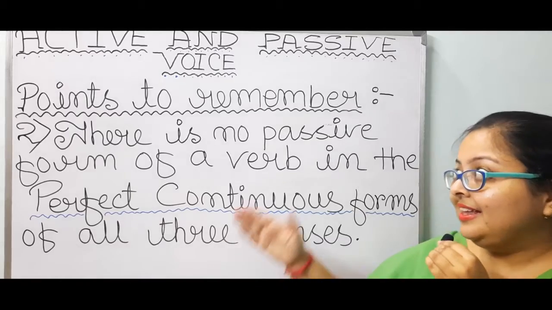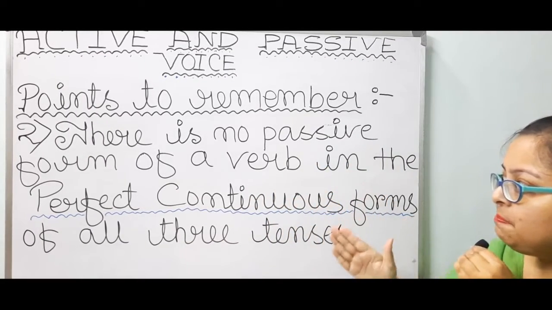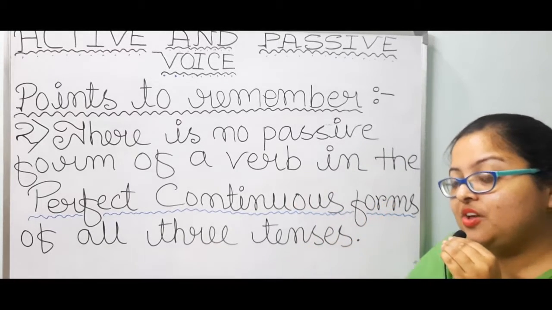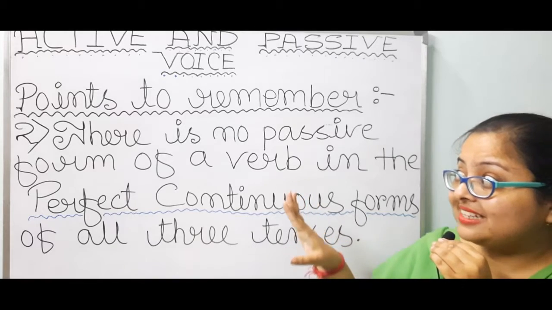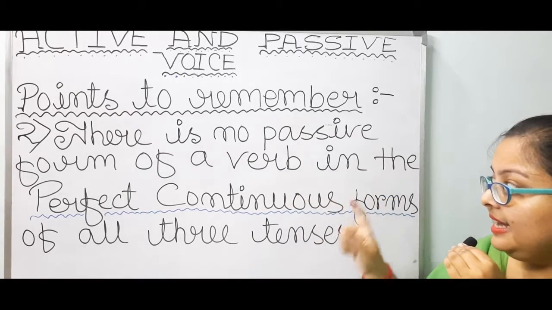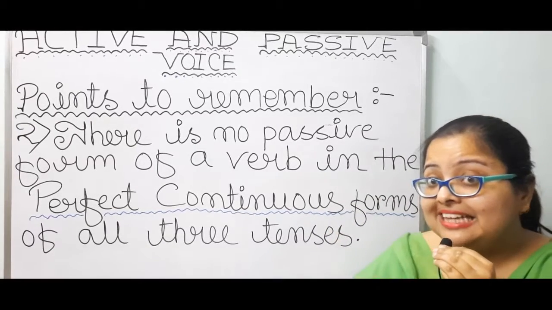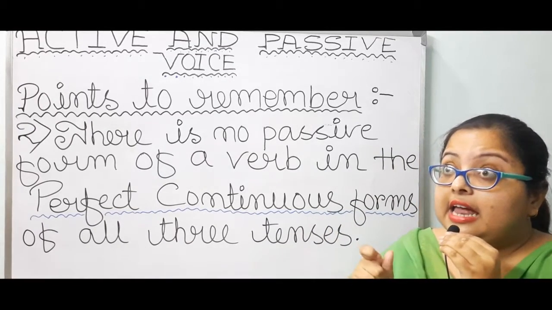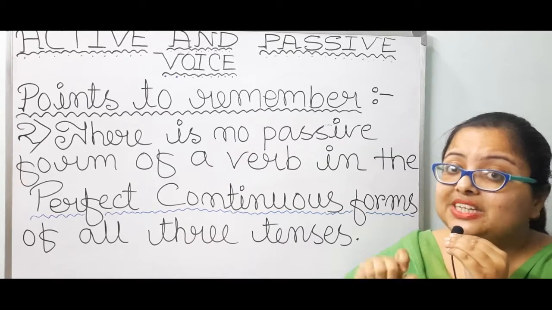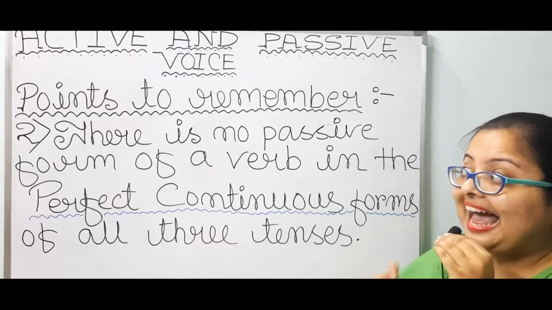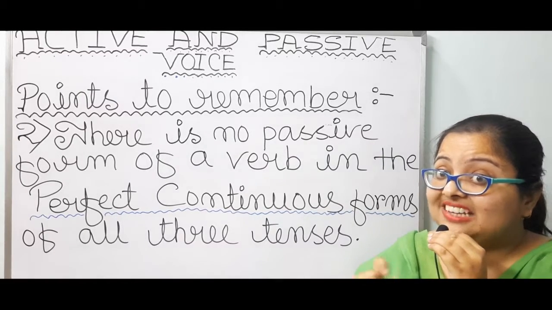Number 2, there is no passive form of a verb in the perfect continuous forms of all three tenses. This means that a sentence is not going to be changed from active to passive voice.